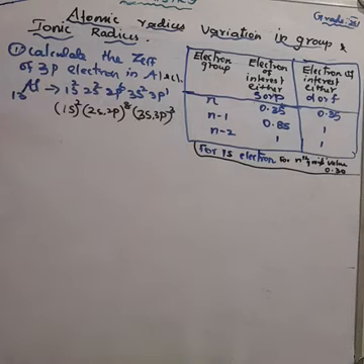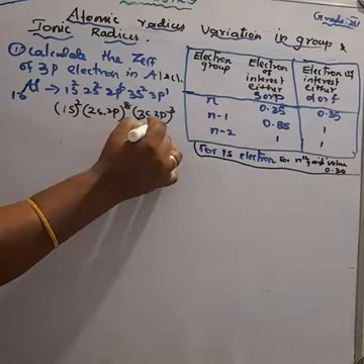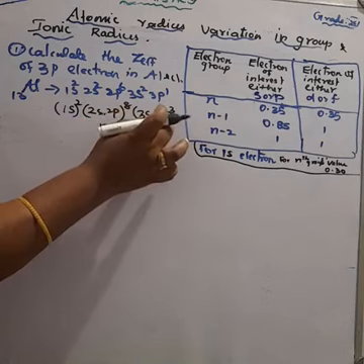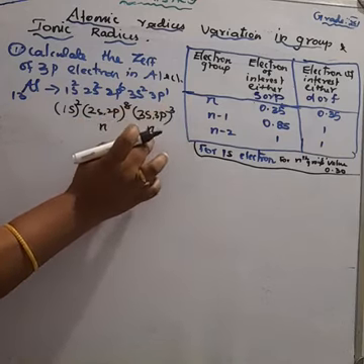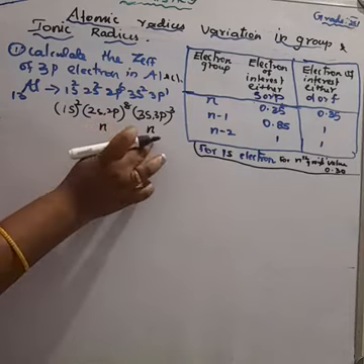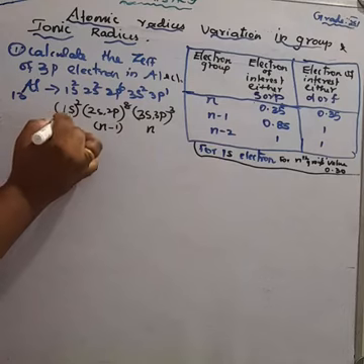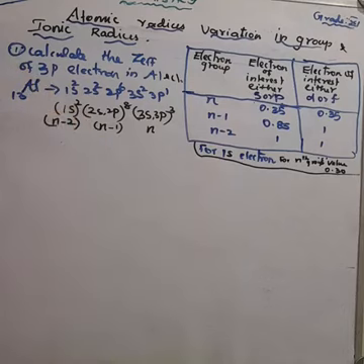Here we give names: the group we have chosen we call the nth group, the last orbit. Before that is n minus 1, and before that n minus 2.